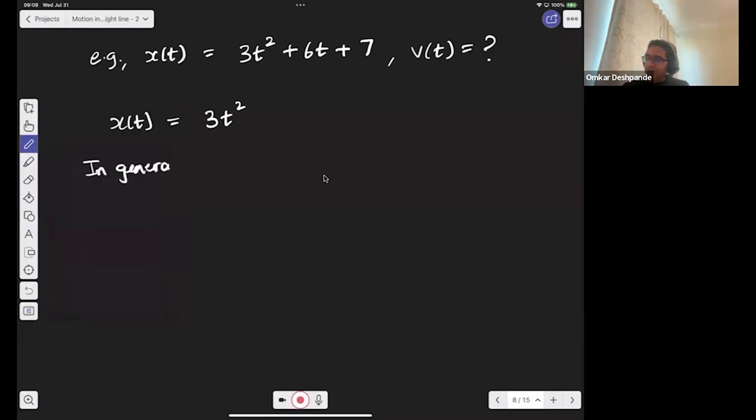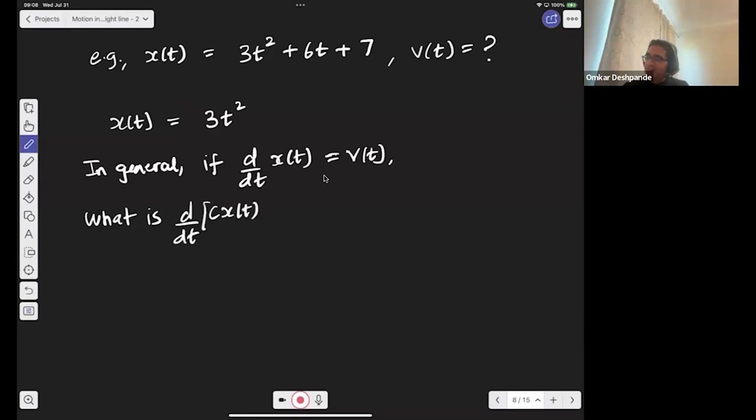So in general, if I already know that the derivative of x of t is some function v of t, what's the derivative of c times that function?